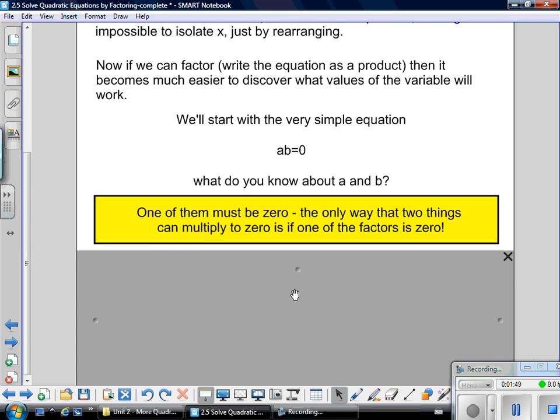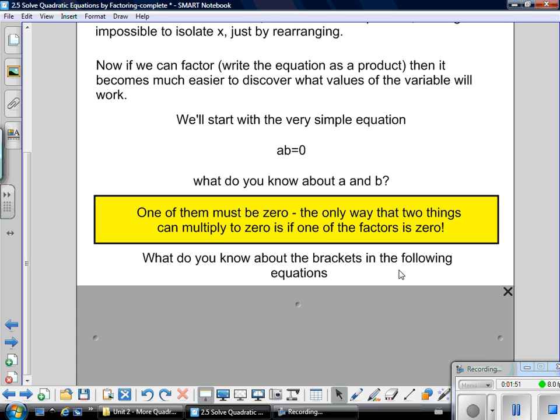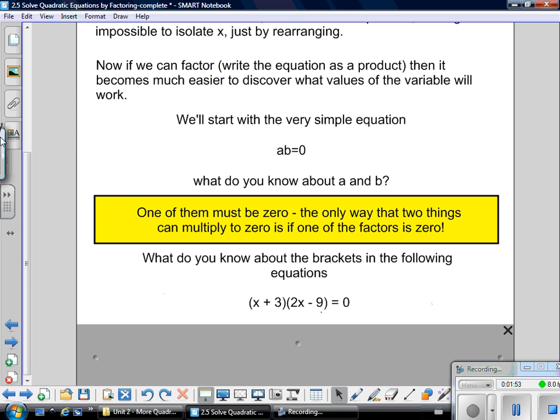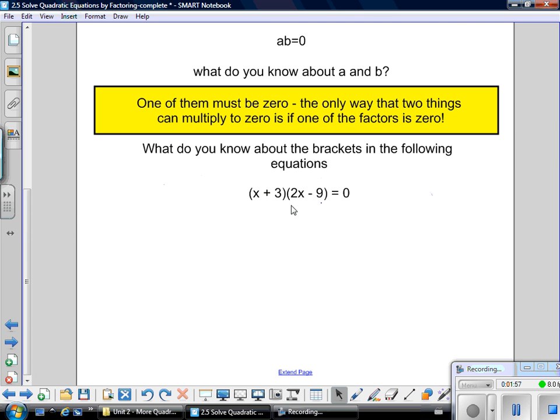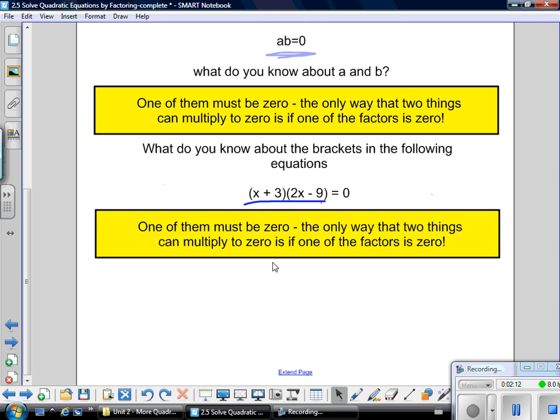So what do we know about the brackets in the following equation? For instance, if I have x plus 3 times 2x minus 9 equals 0. If I use the same process that we talked about here, it's the exact same thing: one of them has to equal 0, because the only way two things can multiply to 0 is if one of those factors is 0.